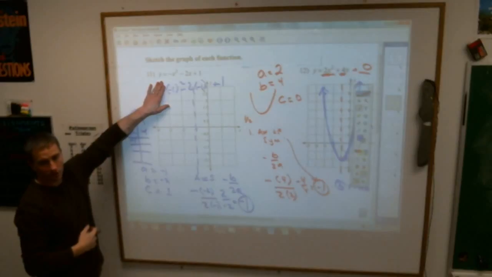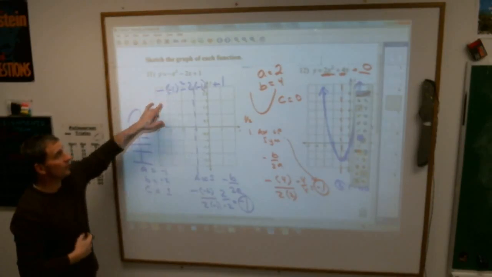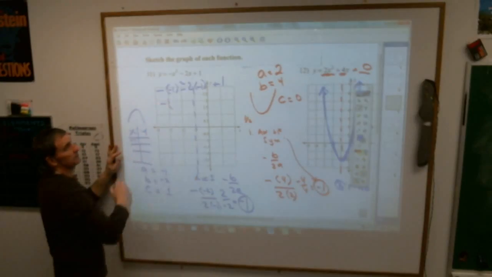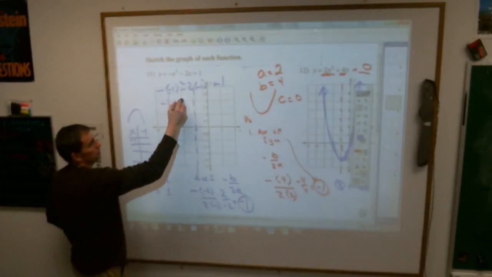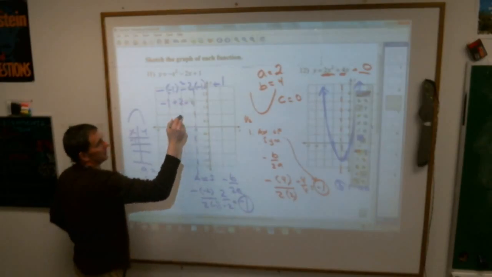You have to do exponents first. Negative times a negative is a +1, and then there's a negative out front of that, so this ends up being -1. -2 times -1 is +2, and then you have that +1 there.